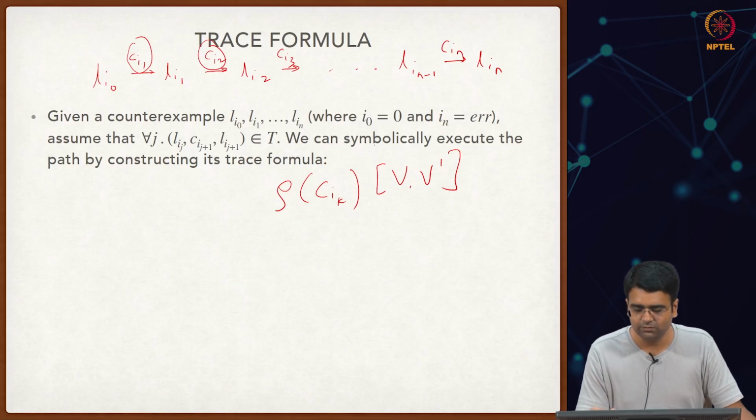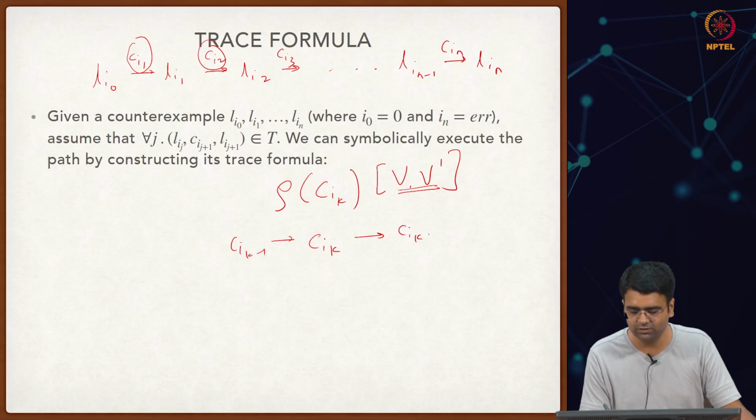We are going to simply conjoin all of these FOL encodings of the corresponding program statements, and also substitute the variables appropriately. If you take the command Cik, the program state before it is given by the program state obtained after executing Cik minus 1, and after executing Cik, the program state is fed to Cik plus 1.